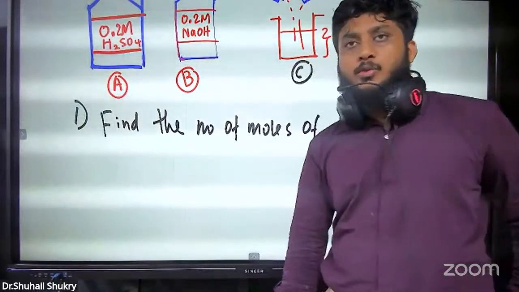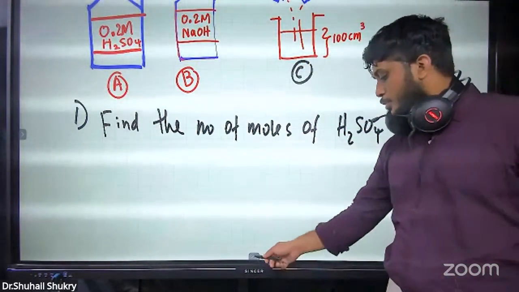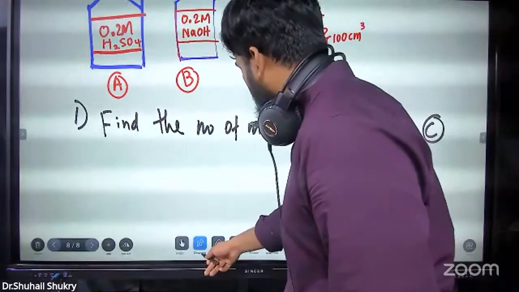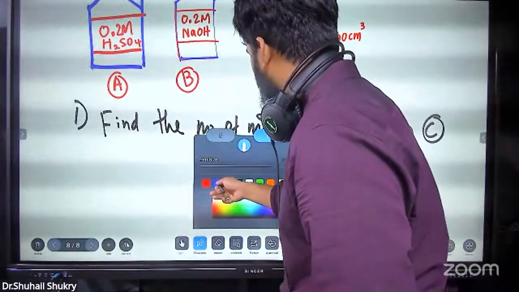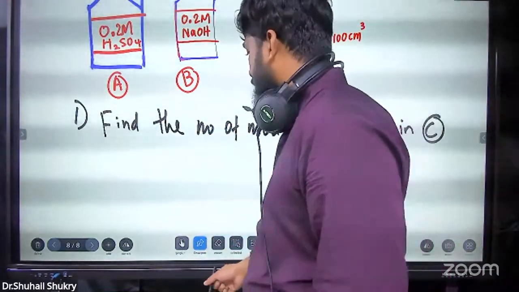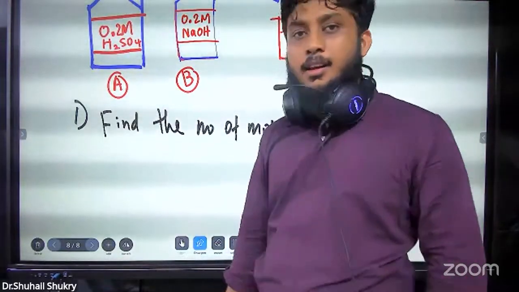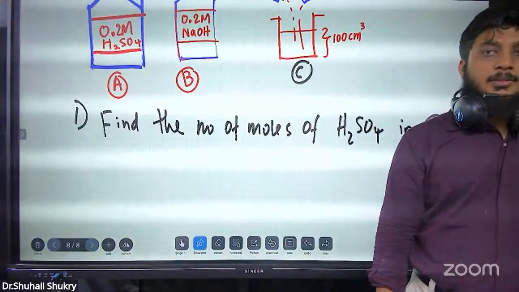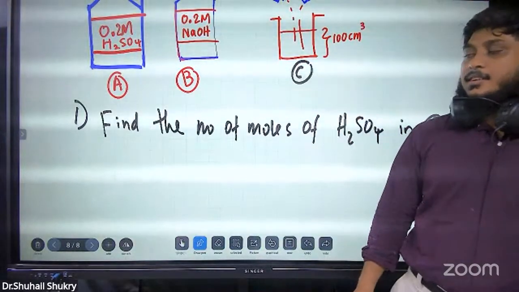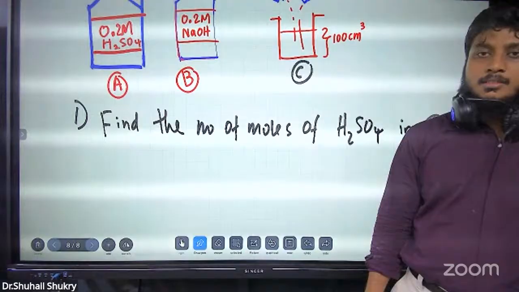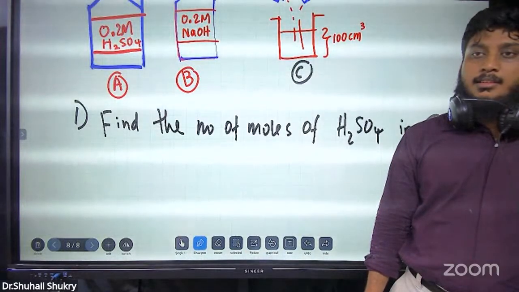Now what you have to do, how to find the number of moles? What is the formula? n equals, simple n equals CV. This is a thing related with concentration and volume.